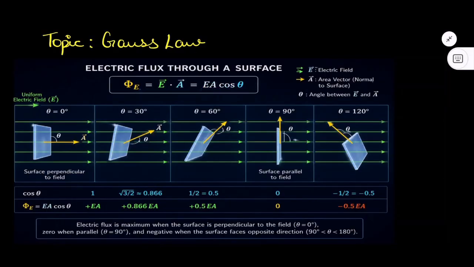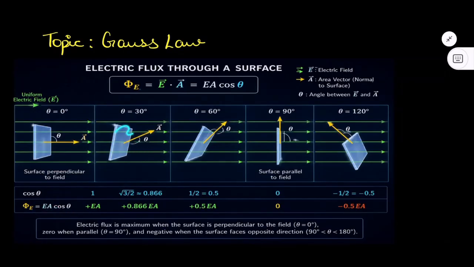Now let's recall the flux where we have seen that when the surface is perpendicular to the field, so when the field lines are in this direction and the surface is perpendicular to the field, now the angle between area vector and electric field lines theta is equal to 0 degree. So we get a finite value of flux.